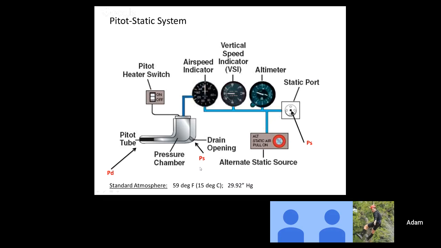So as you might imagine, if you're in a significant nose up attitude, the oncoming wind is not hitting the pitot tube exactly head on. So the calibration error takes into account the fact that your relative wind to the pitot tube might be at an angle.